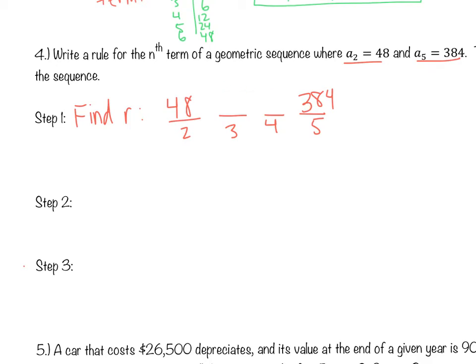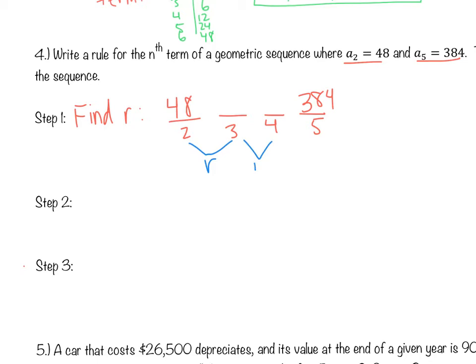Well, if you understand that the common ratio is the number that's being multiplied by itself every single time, you can figure out this common ratio. So if I'm going from here to here, that is a common ratio of r.